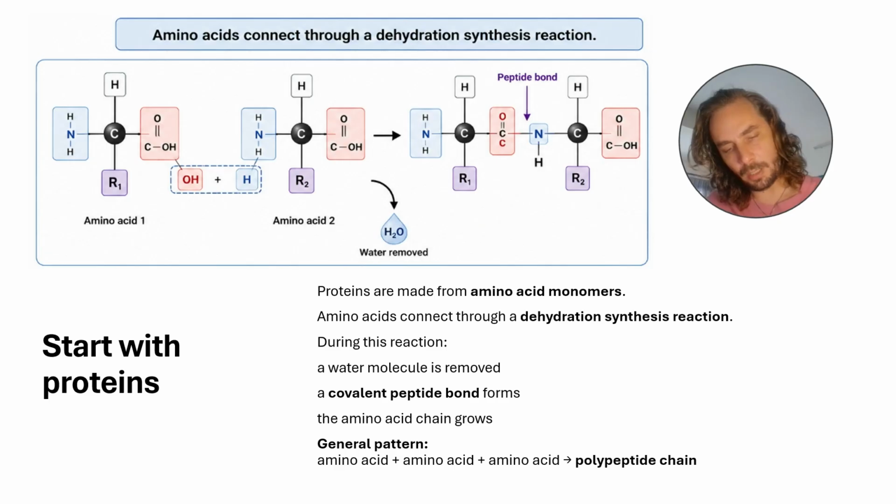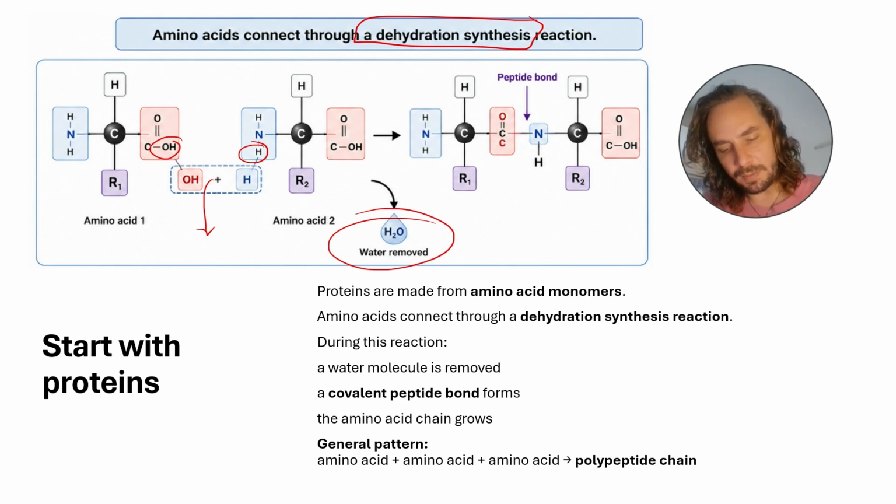Okay. So if we start with proteins in a big view, amino acids connect through a dehydration synthesis reaction. So we have an OH group and an H group that will be removed to form water.